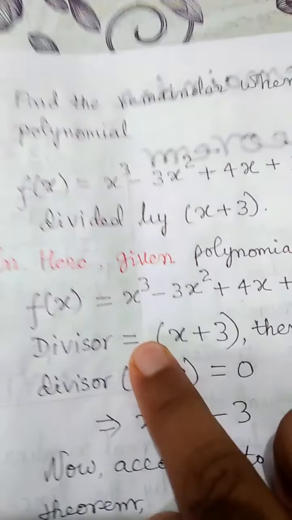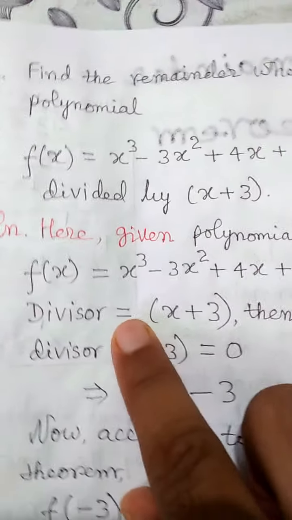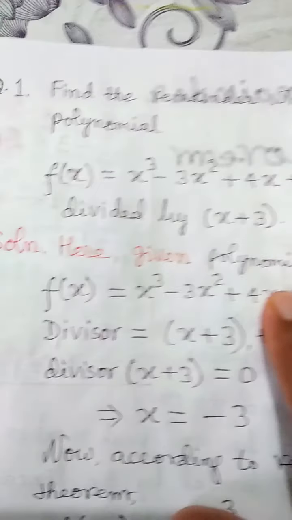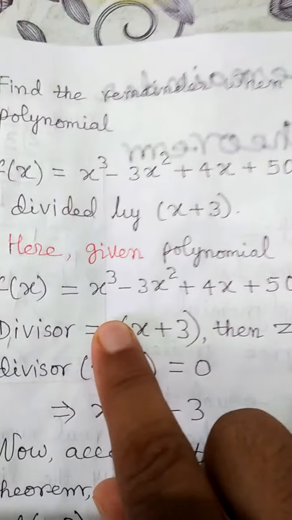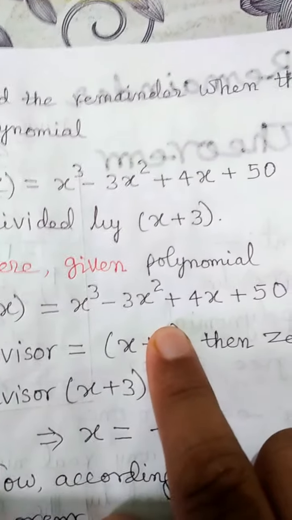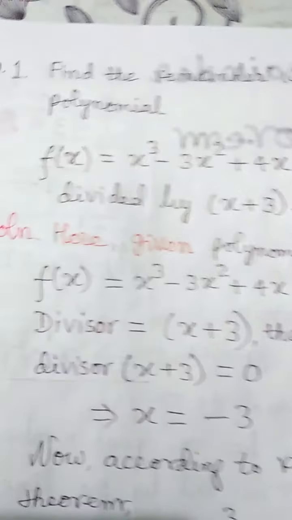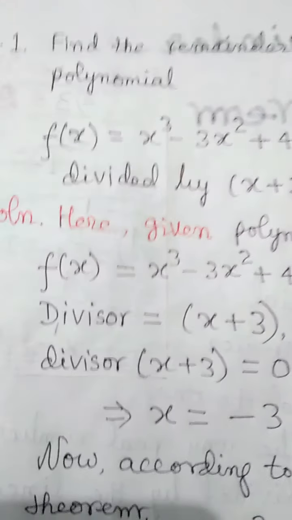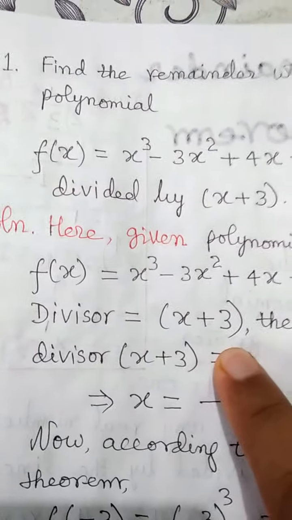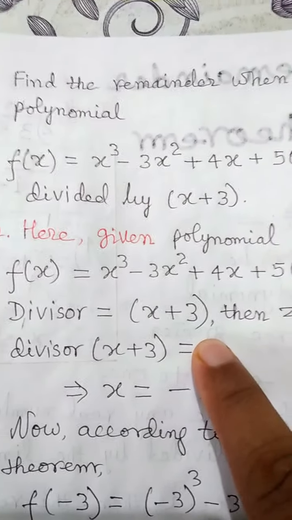Now try to understand its solution. Here, the given polynomial f(x) is equal to x cube minus 3x square plus 4x plus 50. It is already given. And the divisor is x plus 3, by which we have to divide it.